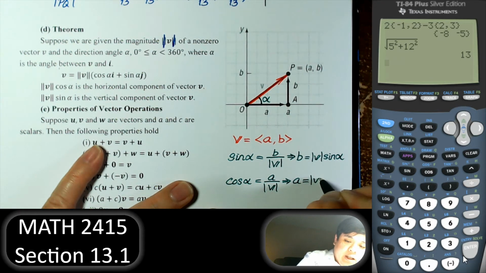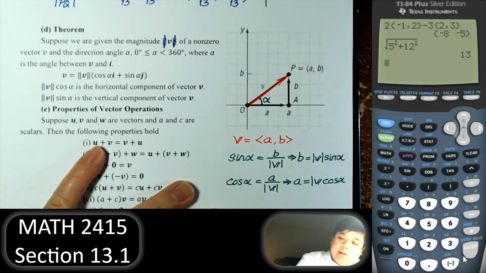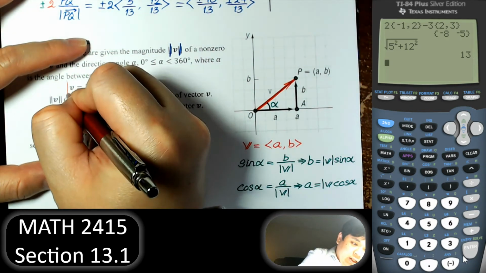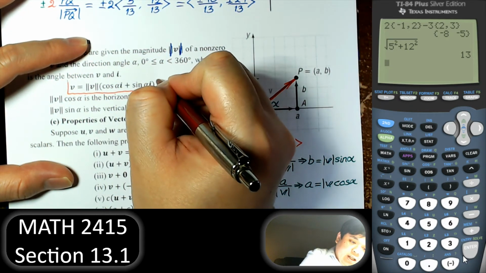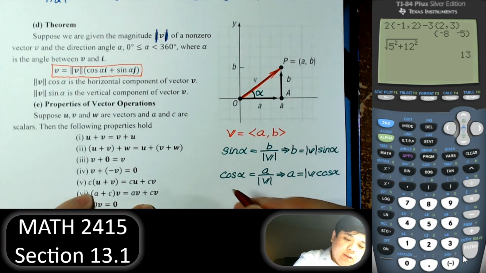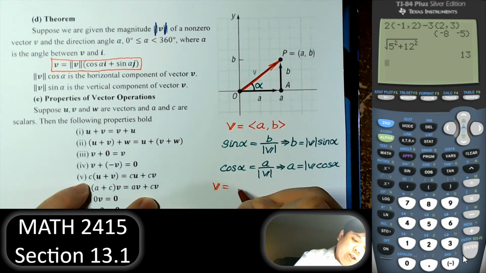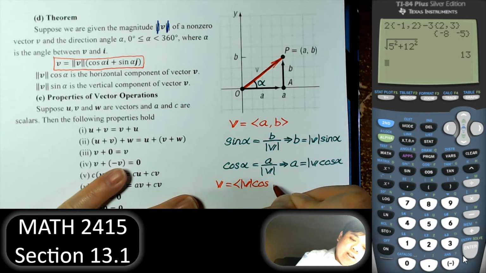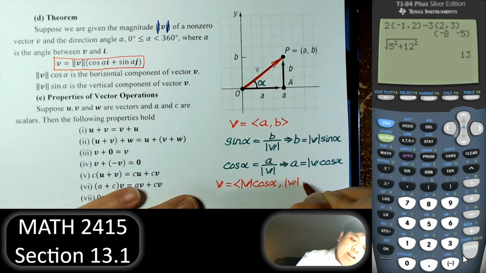So just have the magnitude of v cosine of alpha. So the vector will be even in this form. So v equal to magnitude of v cosine alpha, magnitude of v sine alpha.